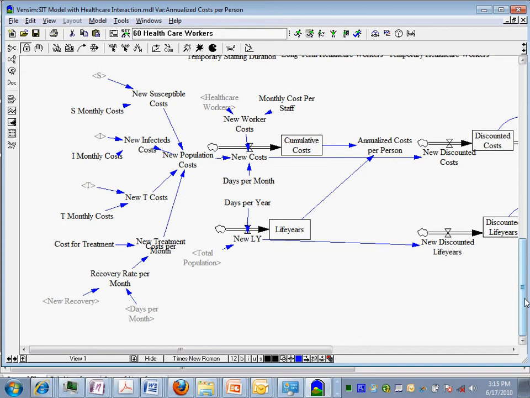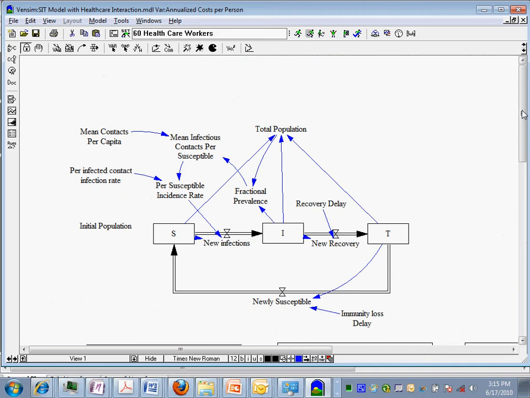For example, when someone is treated, depending on the illness, let's suppose it's something like chlamydia or gonorrhea, they undergo some sort of treatment, and there may be a cost associated with that treatment. It's not so much that while they're in this stock, say asymptomatic, they impose a cost on the healthcare system. It's really when they flow this way that they impose a cost.